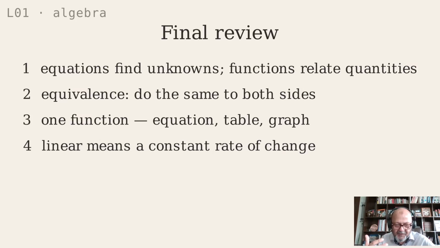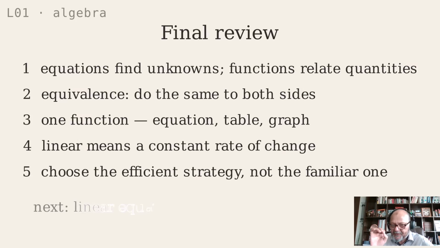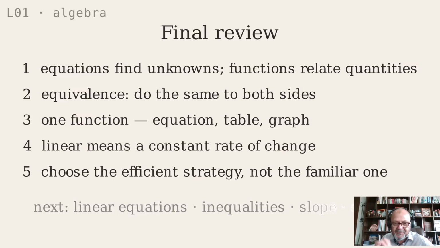Fourth, linear relationships have a constant rate of change. That constant appears as the coefficient in an equation, the first difference in a table, and the slope of a graph, right? Finally, remain flexible. The SAT rewards students who can choose an efficient strategy rather than mechanically applying the same method to every question.